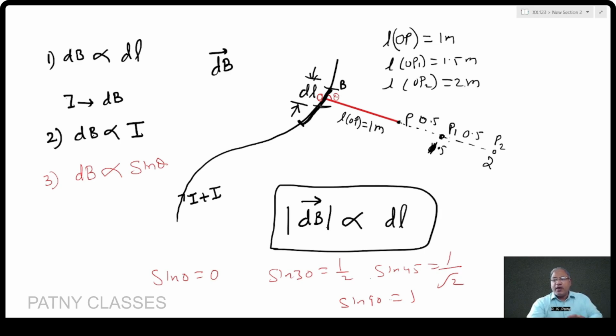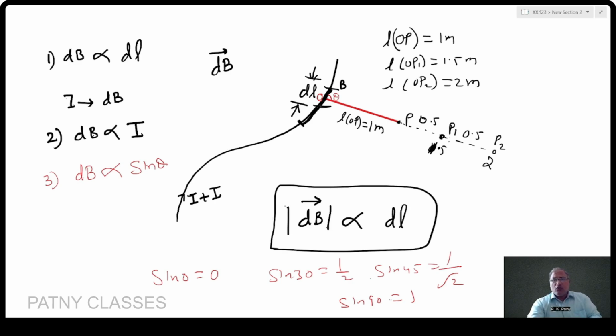Which point is very close to dl? The point P is very close to dl. That means it is near to the element dl. When the point is near to the element dl, the magnetic induction is larger. As you move away from the element dl, the value of magnetic induction decreases, and not only decreases, but decreases by a larger amount.